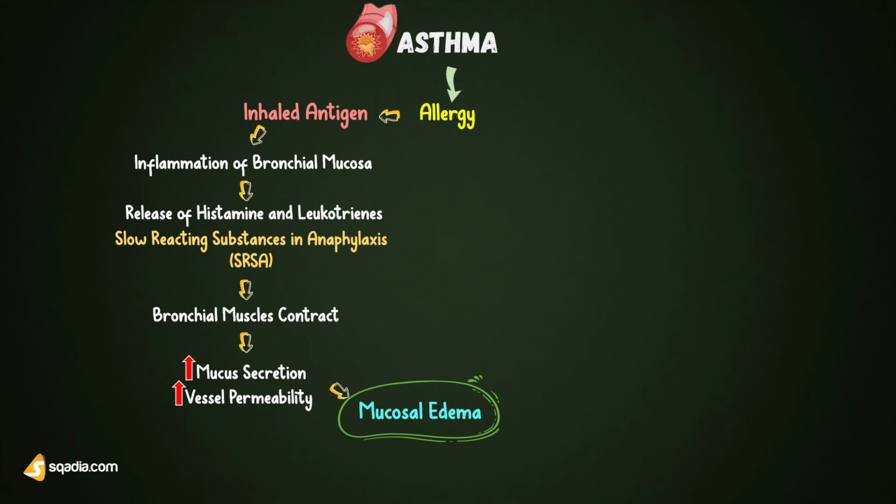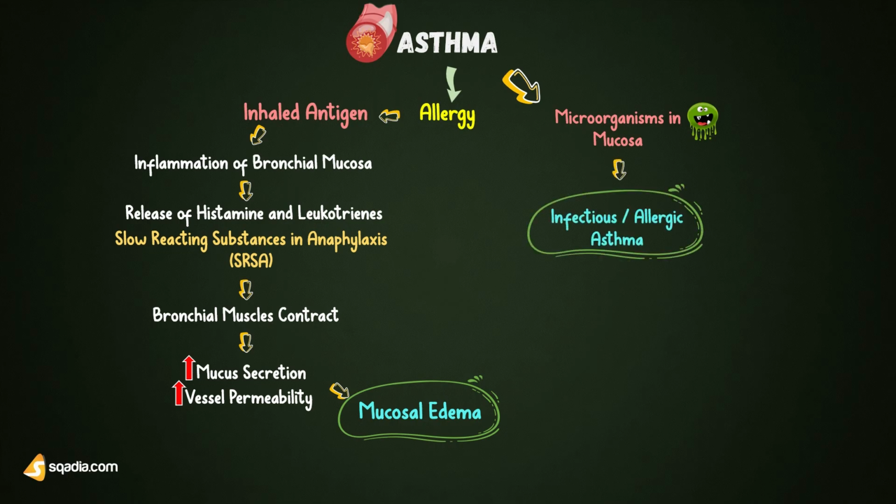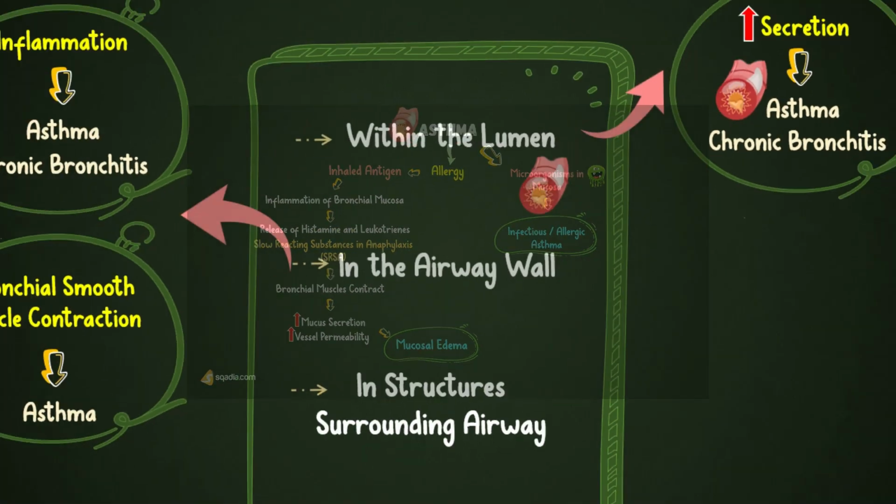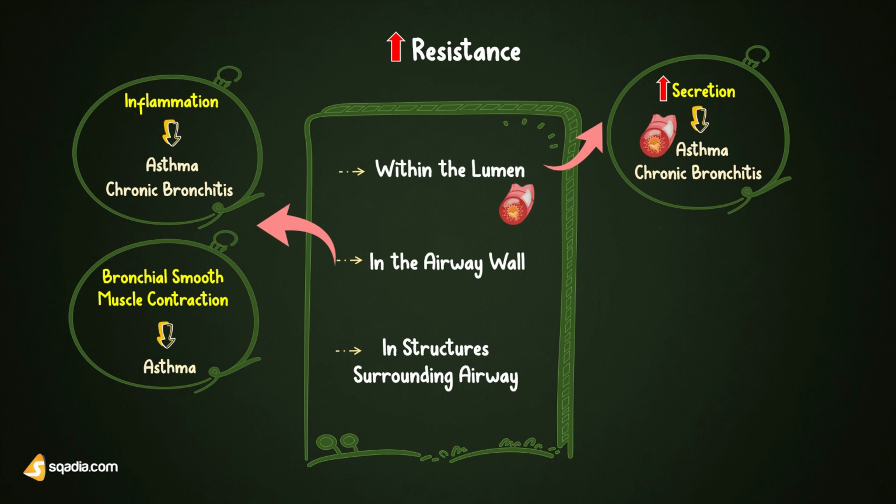This is known as mucosal edema. In addition to the inhaled antigens, microorganisms in the mucosa may also act as antigens, resulting in what we call infectious or allergic asthma.